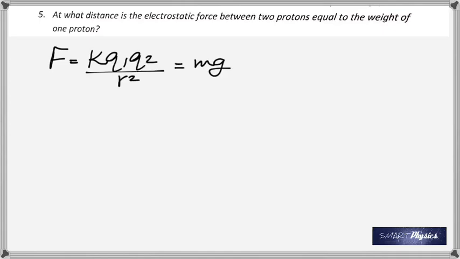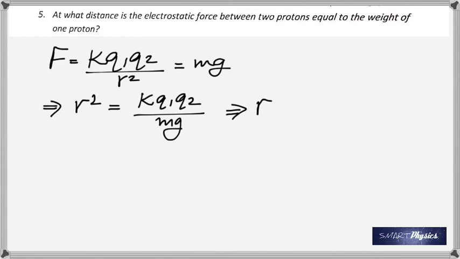So the electrostatic force on the left side, this one, should be equal to the weight. Everybody there? Are you getting it? There you go. All right, so since you have to find the distance, I made that the subject.